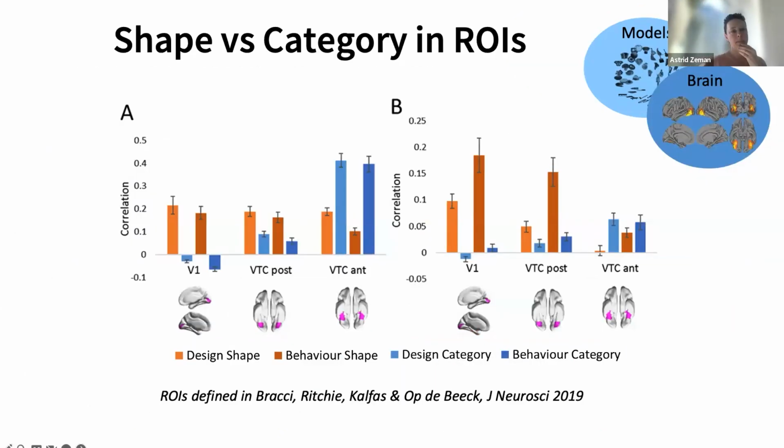And if we look at brain data, you also see this interaction effect. So shape information is high and significant at early visual areas, but then goes down, whereas category information goes the other way. In V1 early visual area, it's below significance, and then in anterior VTC, it becomes relevant.